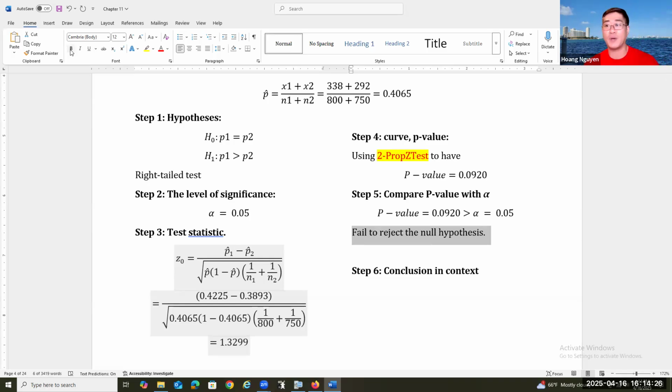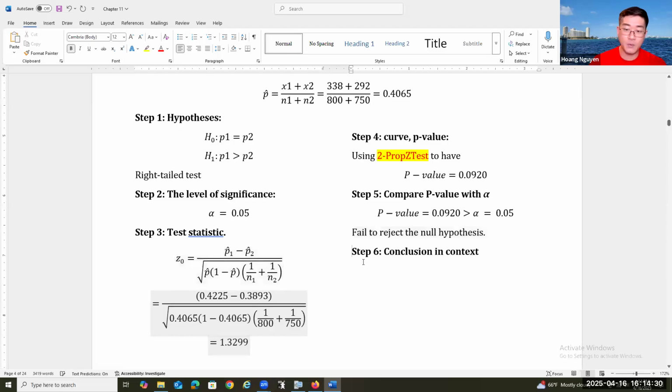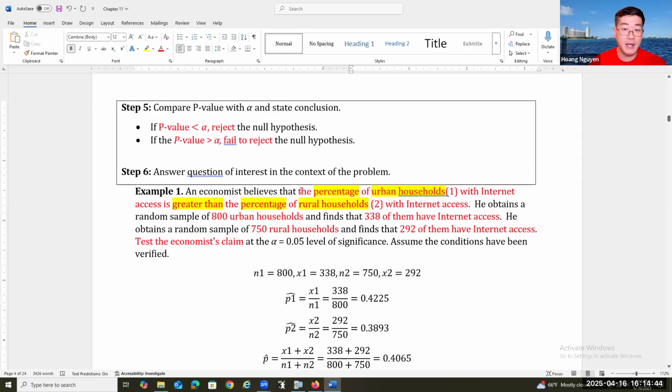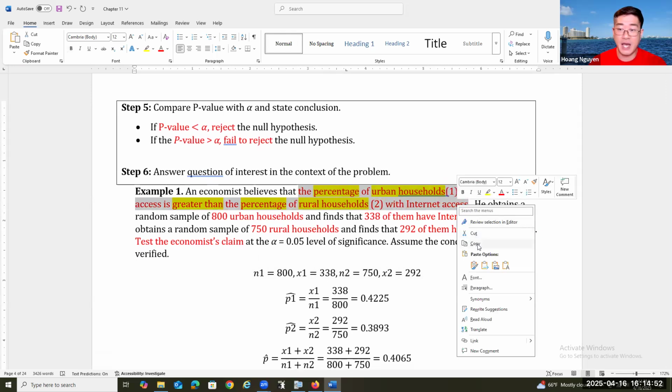Your final conclusion is based on the alternative hypothesis. That's why we're going to say there is insufficient evidence to conclude the claim, that the percentage of urban households with internet access is greater than the percentage of rural households with internet access.